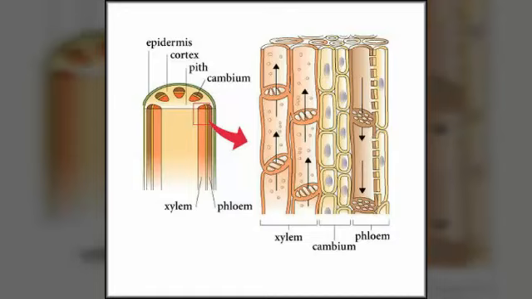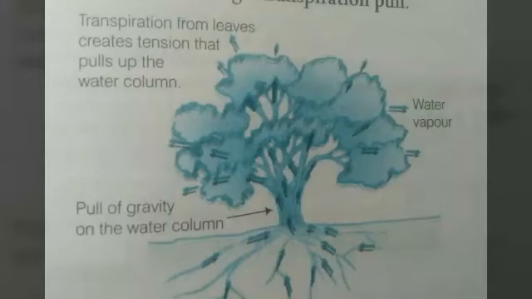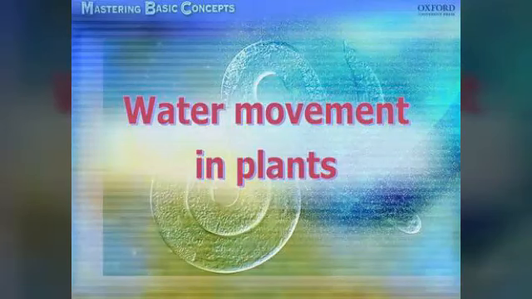Tracheids and vessels are the part of xylem which help in transportation of water from root to the aerial part of the plant, like the leaf. Similarly, in phloem, sieve tube and companion cell both help in translocation of food from leaf to different parts of the plant. So let's start the topic water movement in plants.